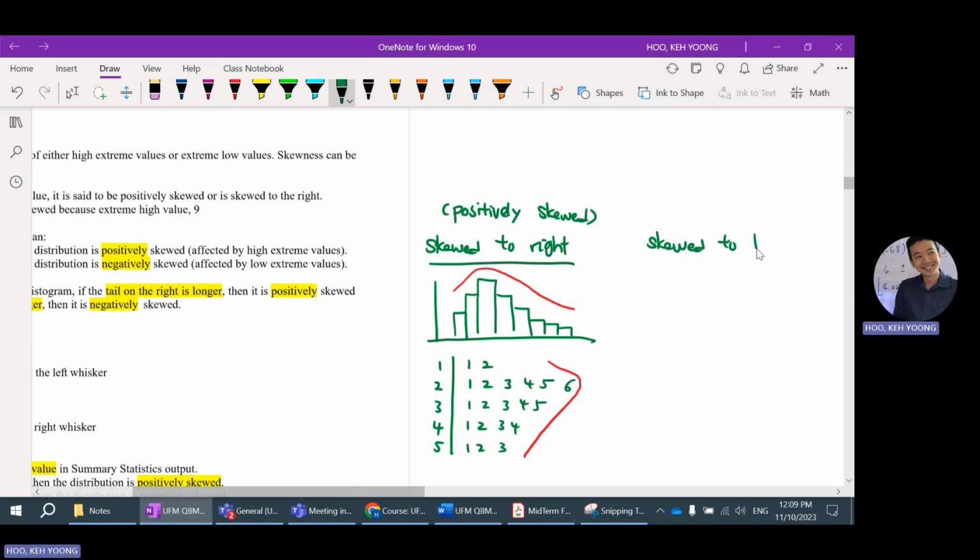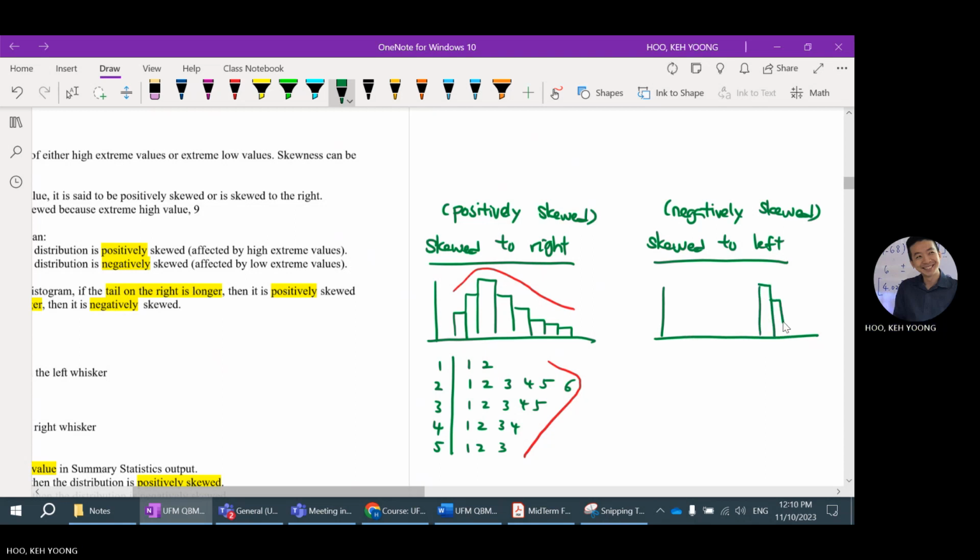Skew to the left is also known as negatively skewed. So your graph will be the other way around. You will have a drawing something like this.